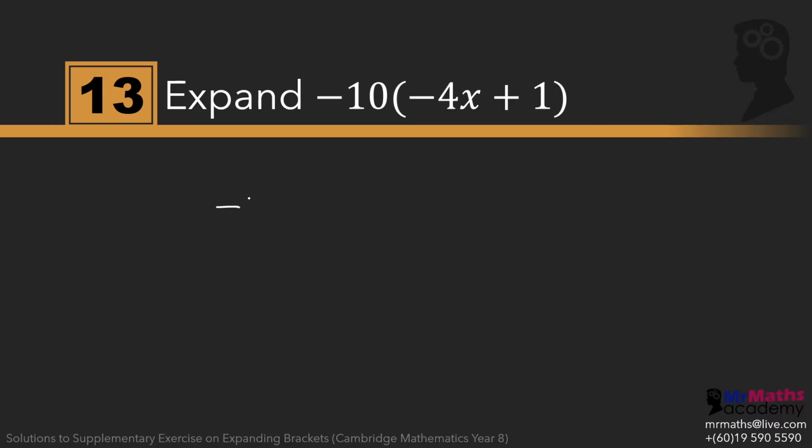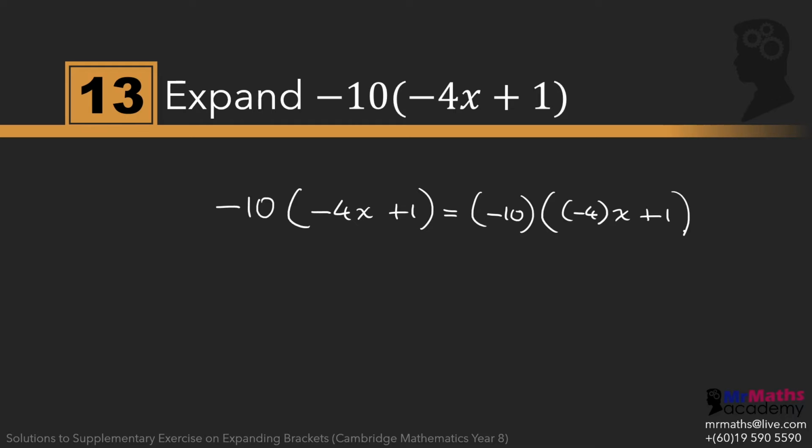Next we have minus 10 times minus 4x plus 1. Enclosing minus 10 inside its own bracket, and then minus 4 inside another bracket, plus 1. And then we multiply minus 10 by minus 4x plus minus 10 times 1.